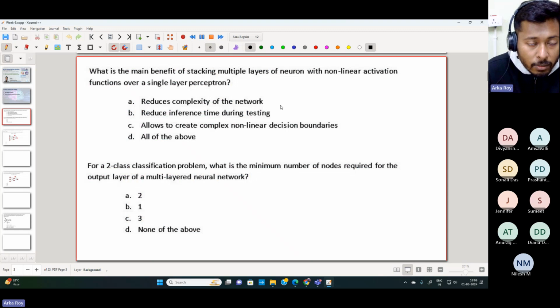So let us take the first question. The question states: what is the main benefit of stacking multiple layers of neurons with a nonlinear activation function over a single layer perceptron?